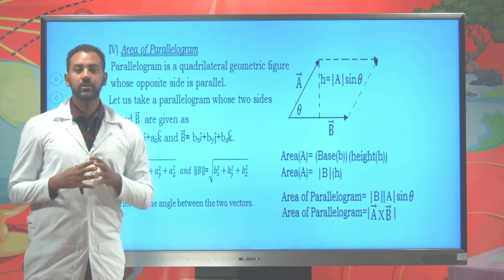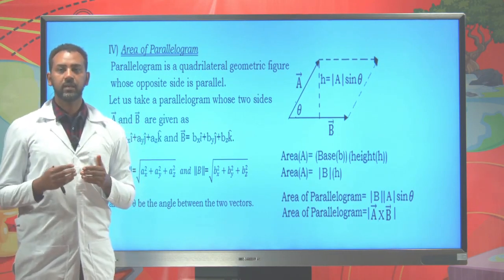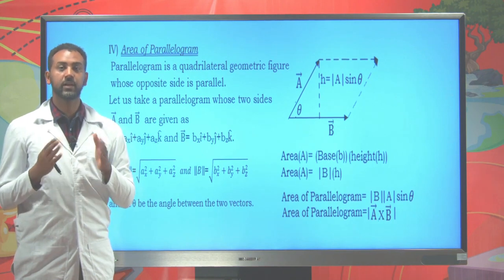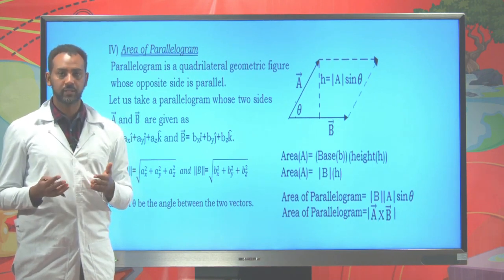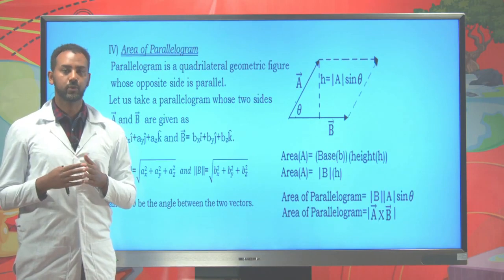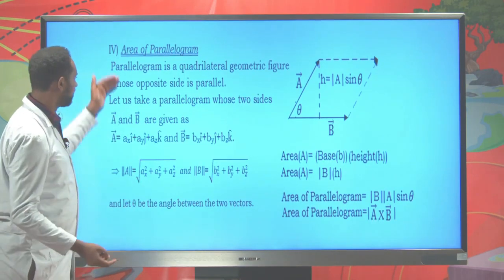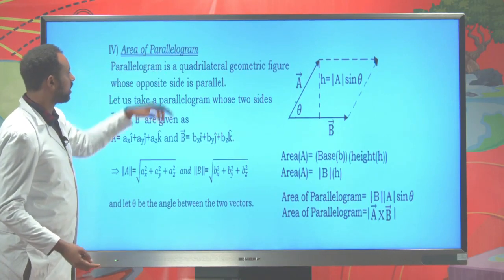And now let's proceed. The other good application of vectors is that it's possible to determine the cross product of the two vectors. If you determine the cross product of two vectors, it's possible to find the area of a parallelogram. Suppose here you have a parallelogram.